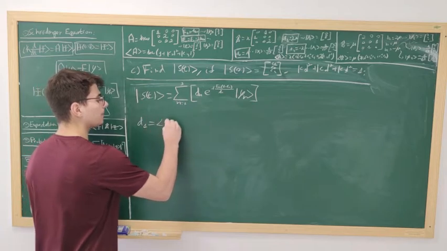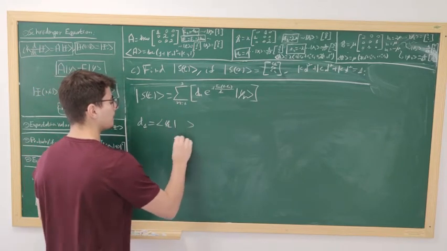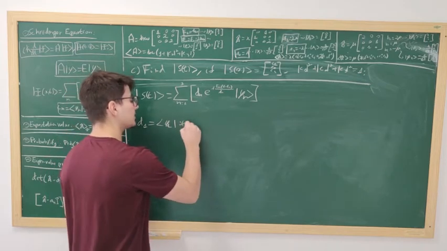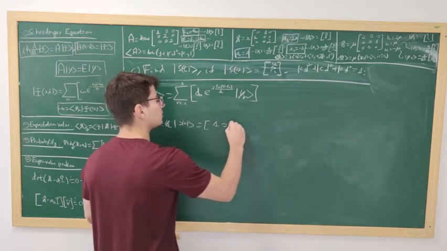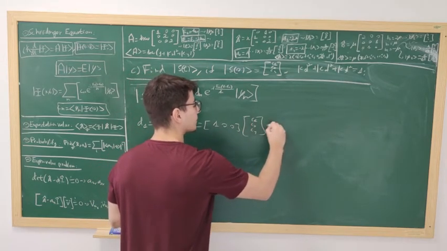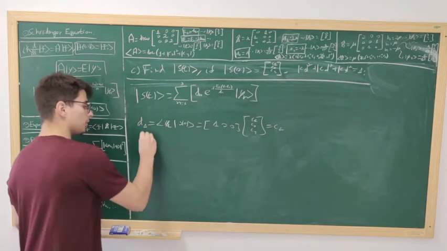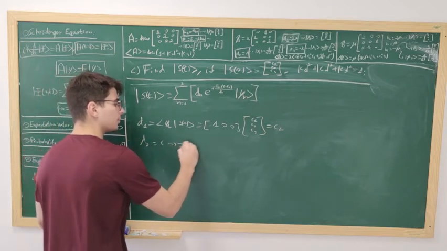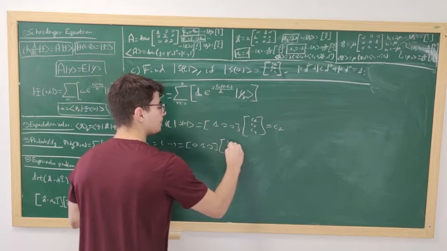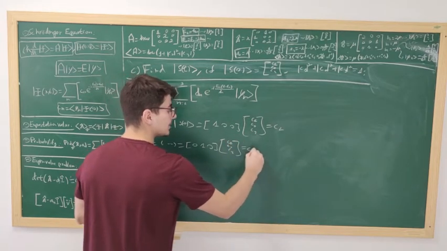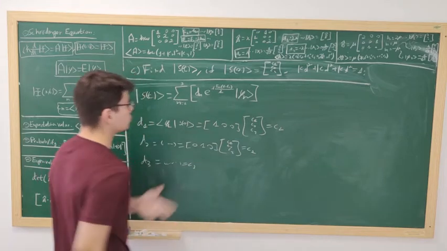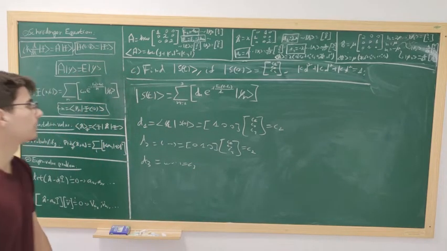Well, D1 is just the first eigenvector doing the inner product with our initial state, and this is just 1, 0, 0 with C1, C2, C3, and this gives us C1. For D2, doing the exact same procedure, we get that this is C2, and for D3 we get C3. Just check it yourself, but this is what you get.